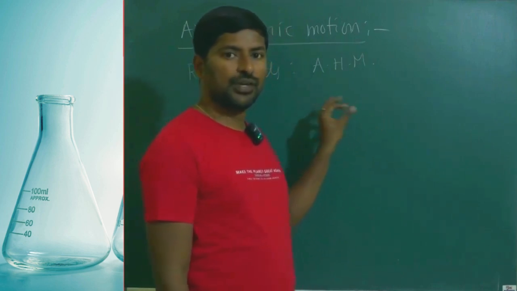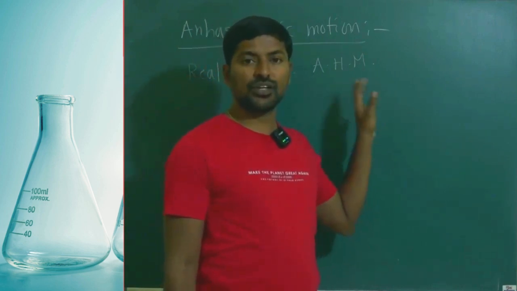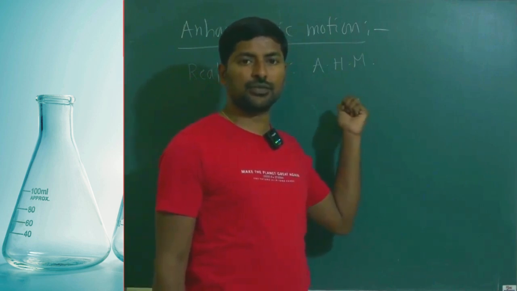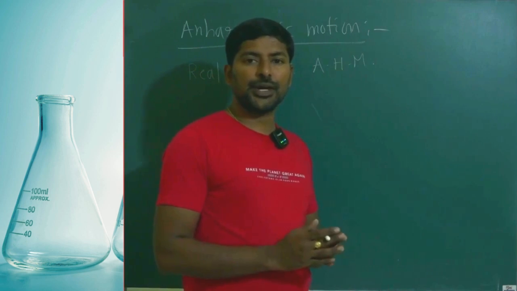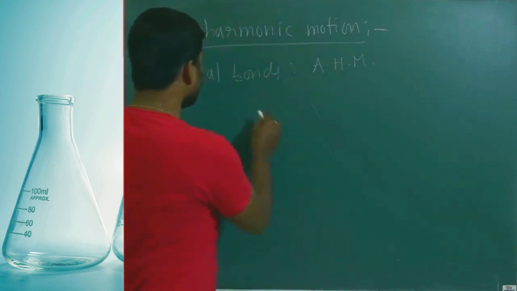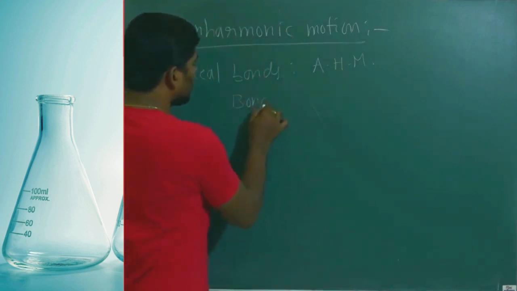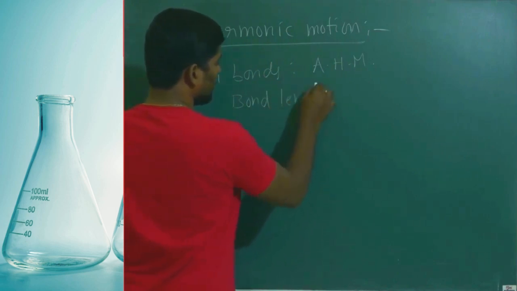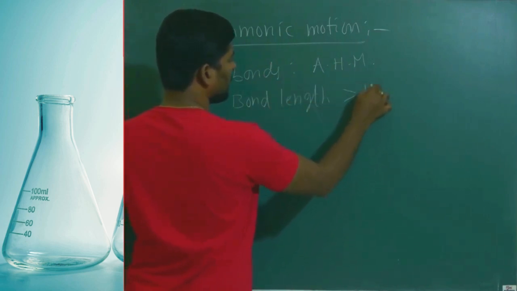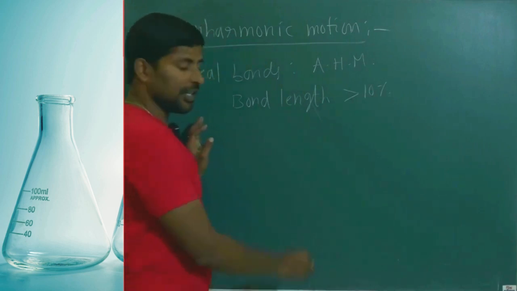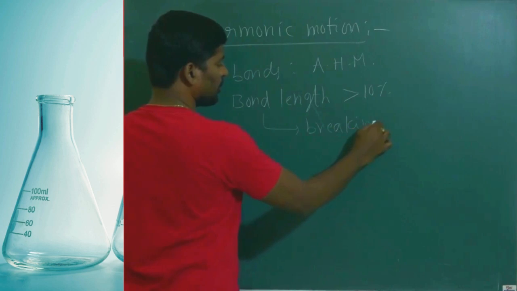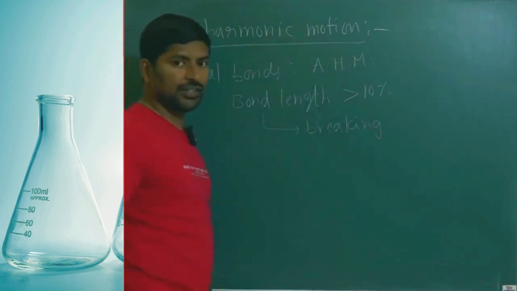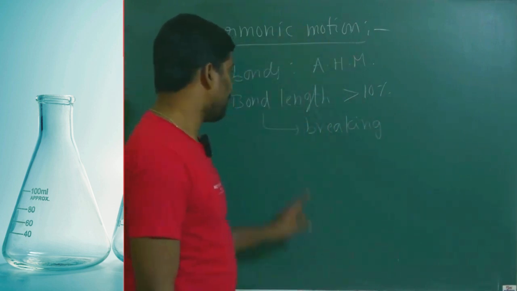But real bonds are not elastic to that extent. Real bonds may break. Generally, if the bond length increases by greater than 10%, the bond may break. This breaking of bonds is not considered in simple harmonic motion.